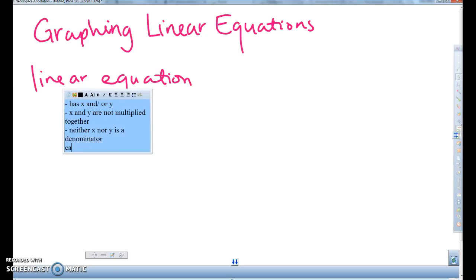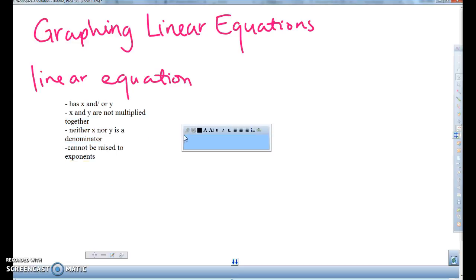And it cannot be raised to an exponent. So that's going to look very different from the quadratic stuff. Okay, so those are linear equations if they meet those criteria.